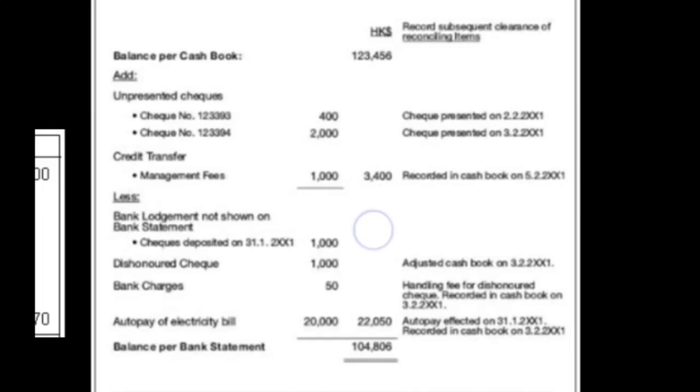Now this 1,000, 50 and 20,000, all these amounts shall be deducted from the cash balance. Whatever the bank has not added, you have deducted, and whatever the bank has not deducted, you have added back to the company's account. So you will get an equal balance as the bank statement.